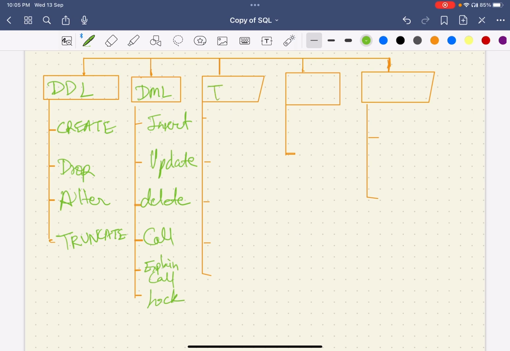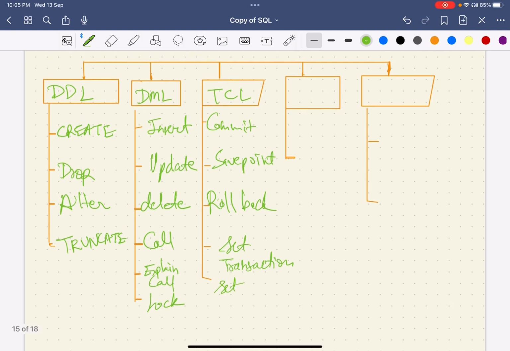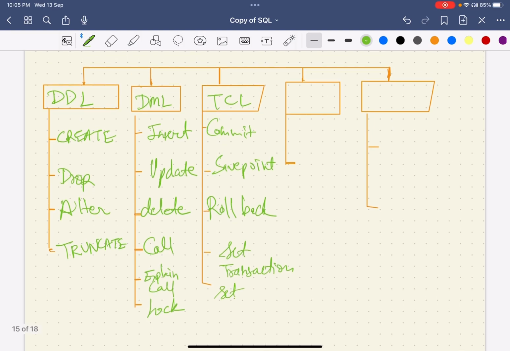Then we have TCL, transaction control language. In transaction control language we have commit, savepoint, rollback, set transaction, and set constraint.